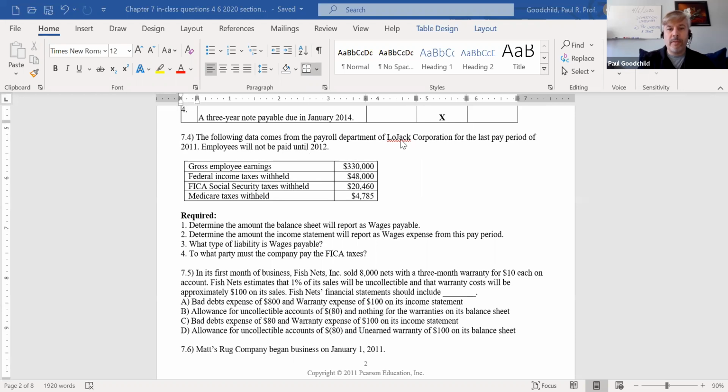Okay, so the following comes from the payroll department. Last pay period of 2011, employees will not be paid until 2012. So determine the amount the balance sheet will report as wages payable.